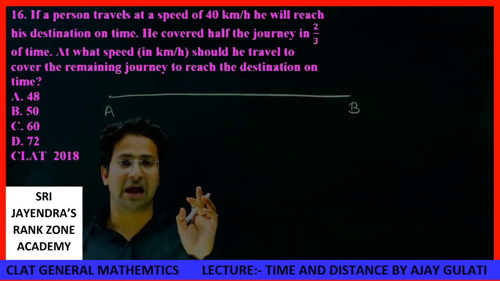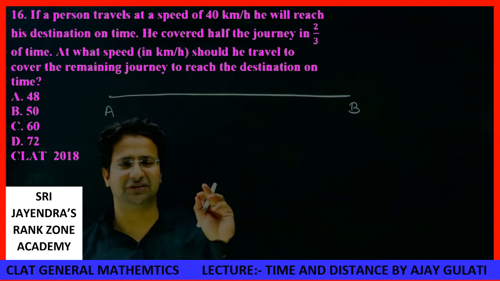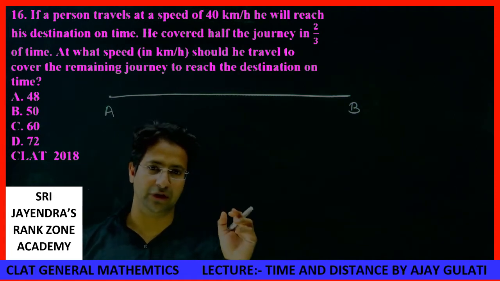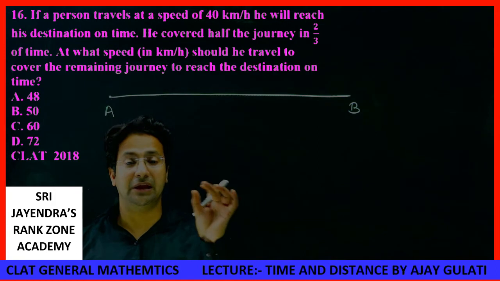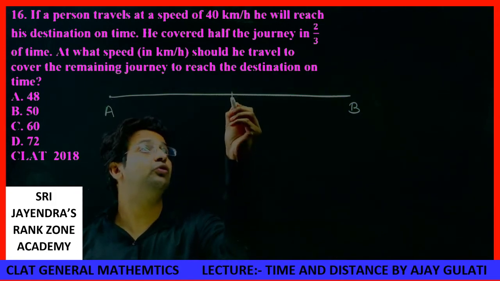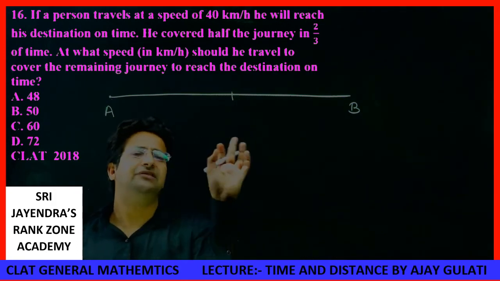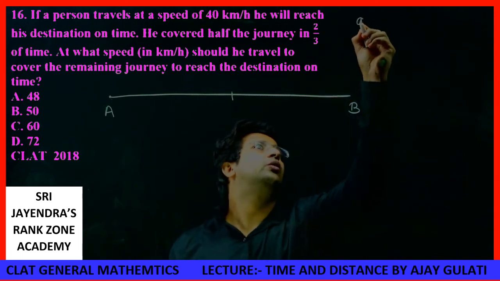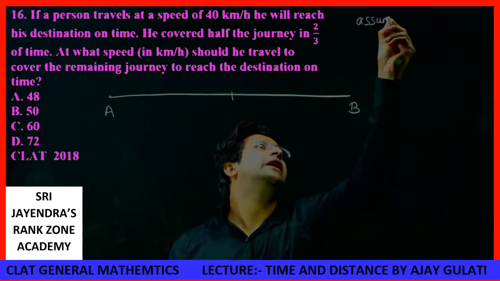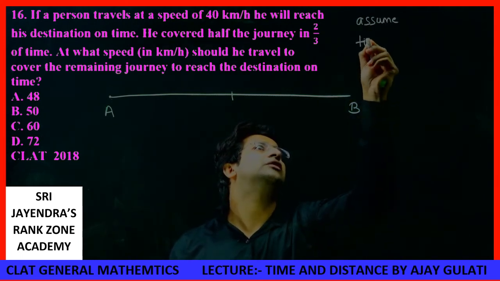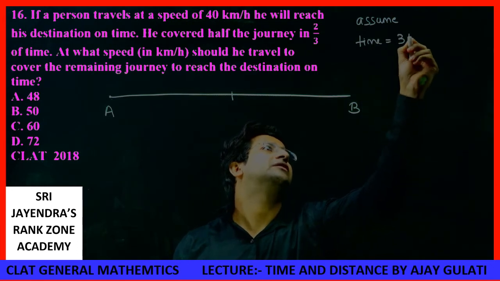But he covered half the journey in 2/3 of time. Because of some reason he moved slowly. As a result, what happened? He covered half the distance, consuming 2/3 time. Let me assume the initial time was 3 hours.